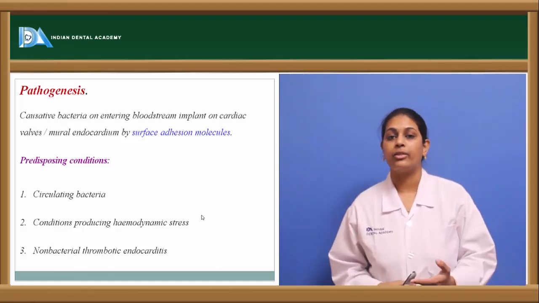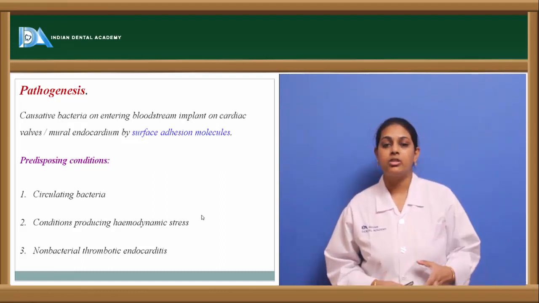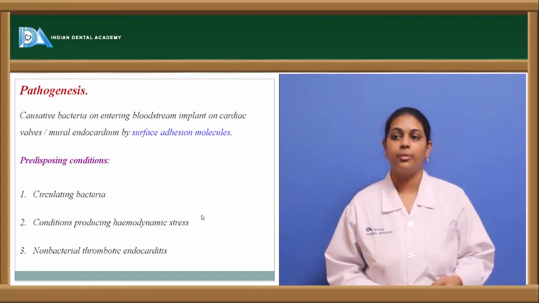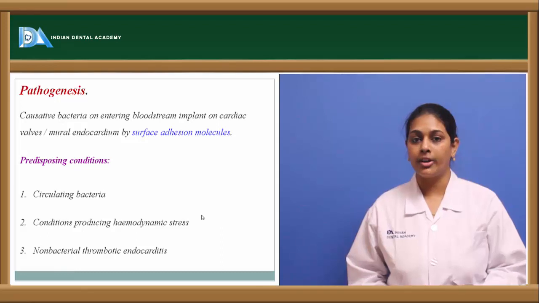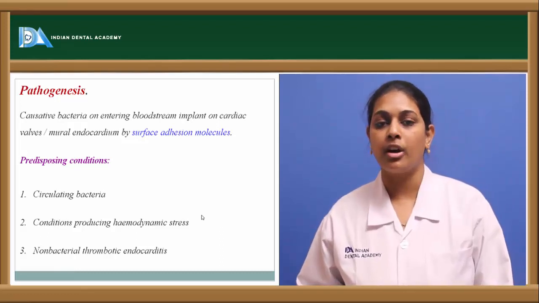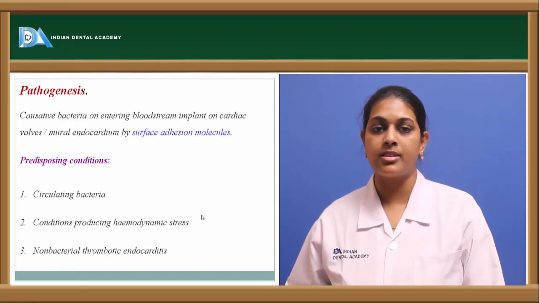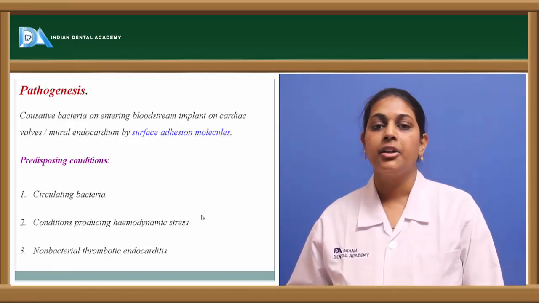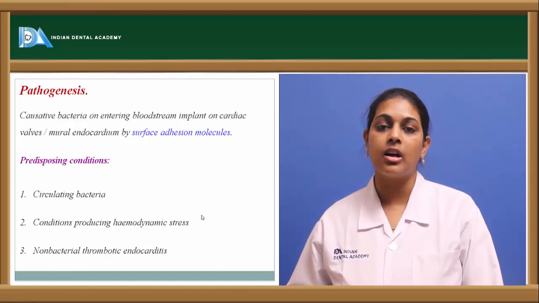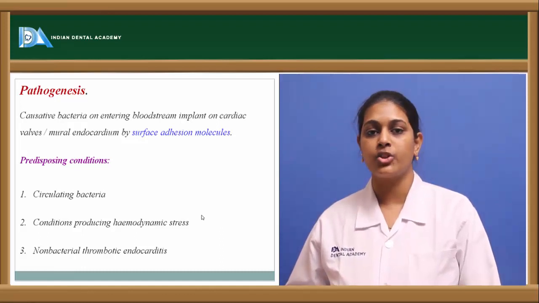So for this adherence to be established, there are certain predisposing conditions, known as circulating bacteria. That is, the bacteria already present within normal limits in the body can also increase their levels in the blood because of these surface adhesion molecules.